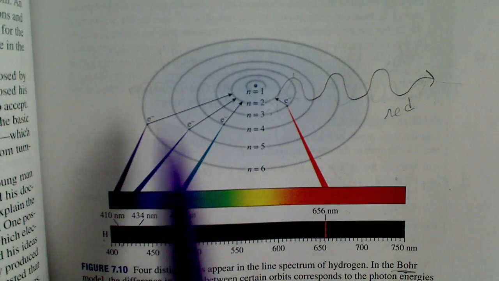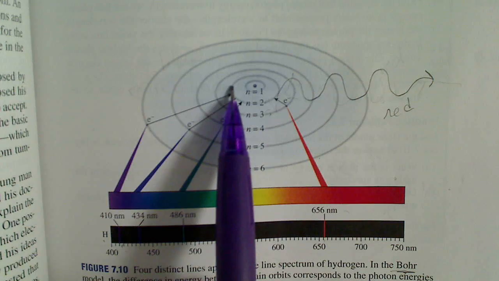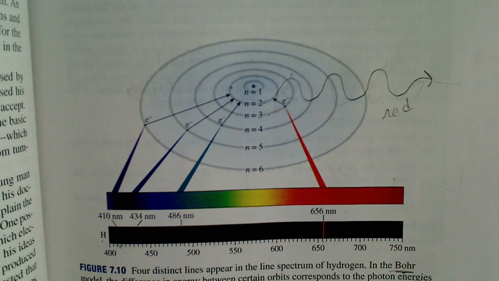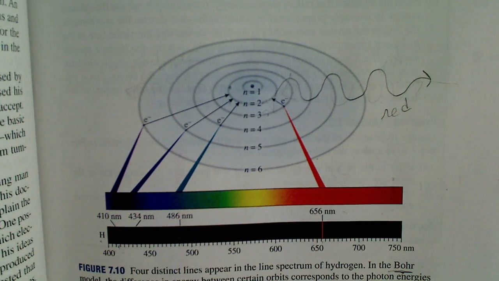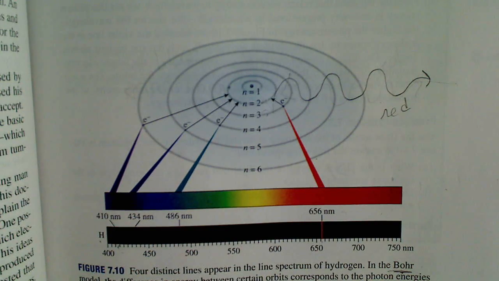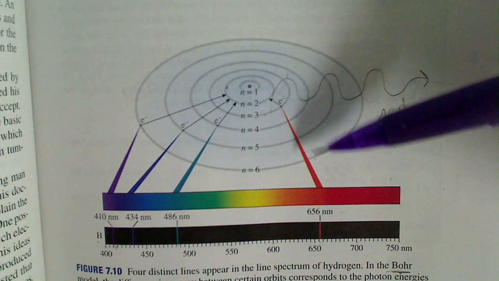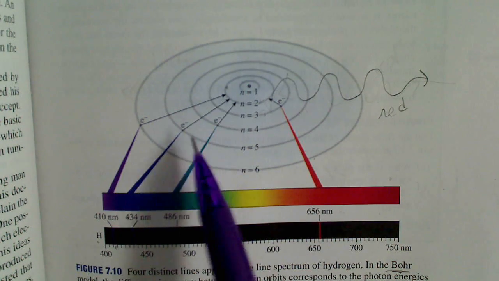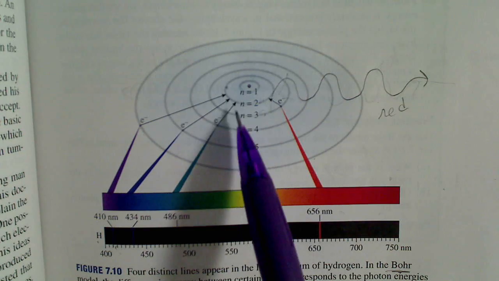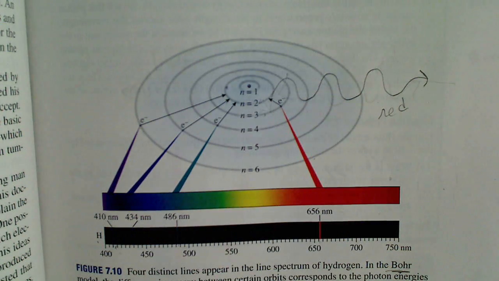The transitions that fall to the first energy level are going to end up being in the ultraviolet part of the region. So the only transitions we're able to see, because our eyes only see the visible part of the spectrum, are these 4 transitions: 6 to 2, 5 to 2, 4 to 2, and 3 to 2.